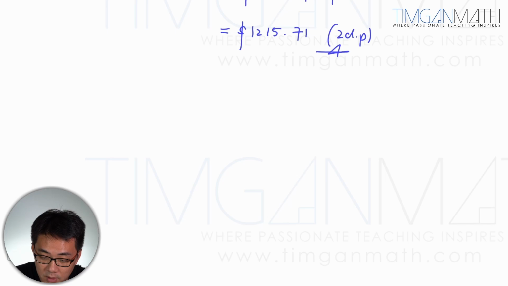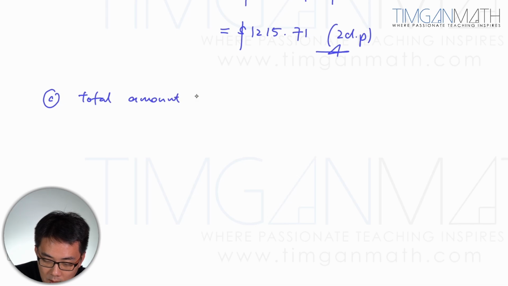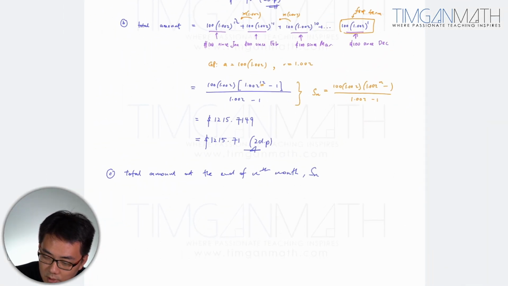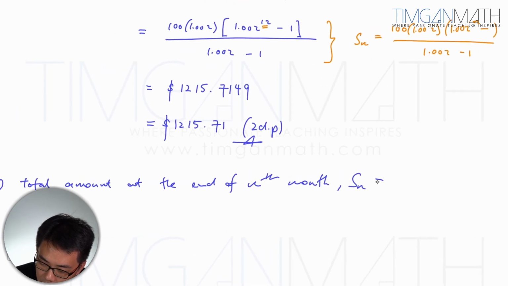So what we're going to do for part C is, the total amount at the end of the nth month, okay, would then be this amount here, which is 100 times 1.002.